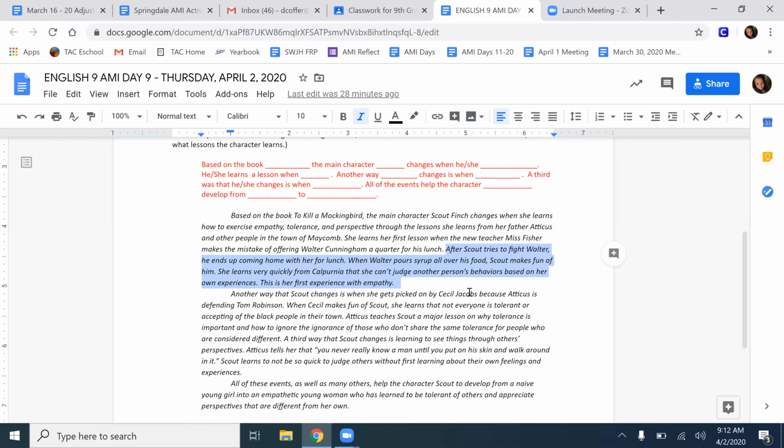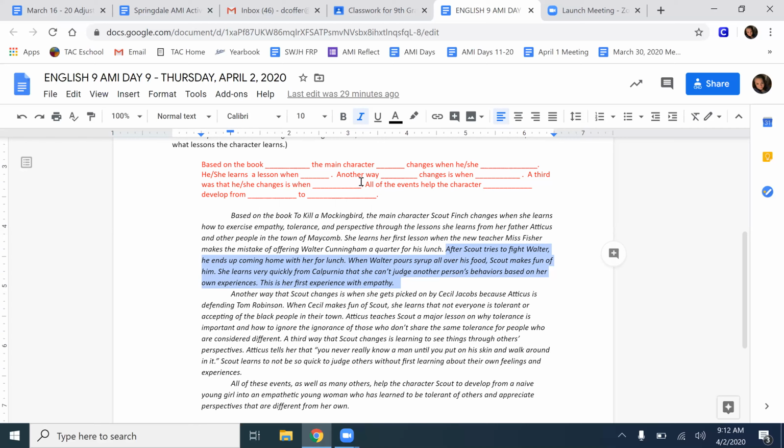She learns very quickly from Calpurnia that she can't judge another person's behaviors based on her own experiences. This is her first experience with empathy. So, my example was that she learned her first lesson with Miss Fisher. The textual evidence is a paraphrasing of what happened during that lesson.